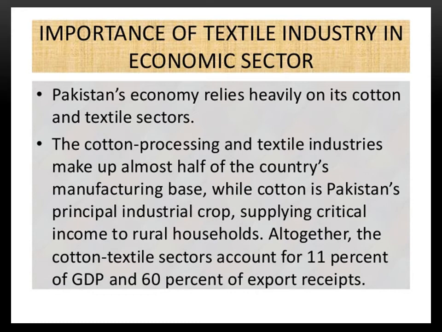Pakistan's economy relies heavily on its cotton and textile sector. The cotton processing and textile industry make up almost half of the country's manufacturing base. While cotton is Pakistan's principal industry crop, supplying critical income to rural households. Altogether, the cotton textile sector accounts for 11% of the gross domestic production of the country and 60% of export receipts.